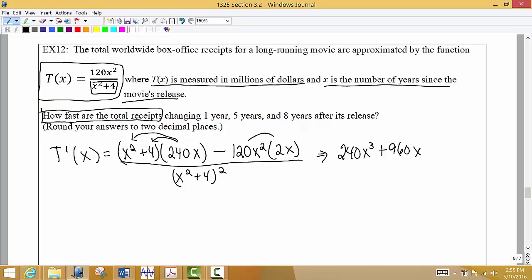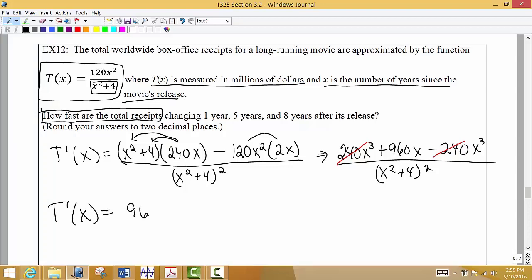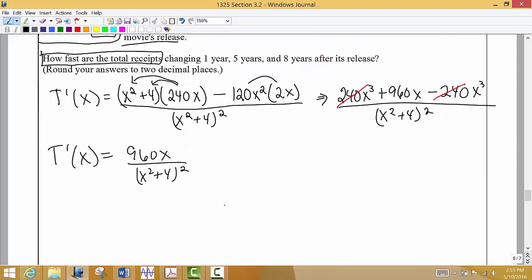Then I'm going to multiply these two quantities together. I get negative 240 times x cubed, all of that over the denominator squared. I'm just going to leave that as is. It simplifies quite nicely because these two terms cancel each other out, so I'm left with the reduced form of my derivative.